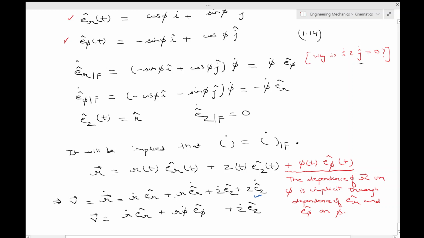So the summation of this plus this is equal to this. Let's try to see if we can actually do that.